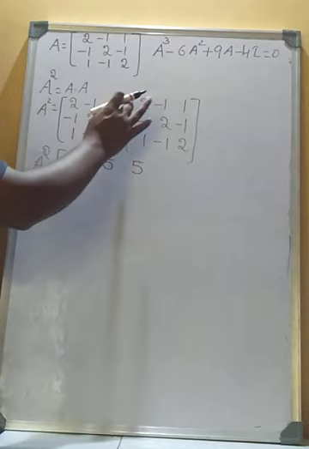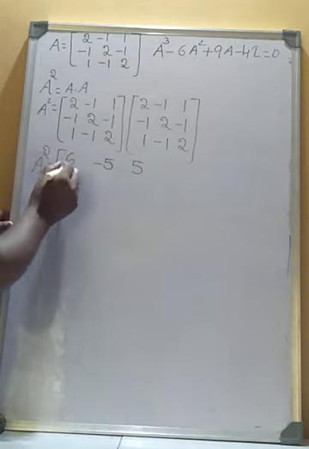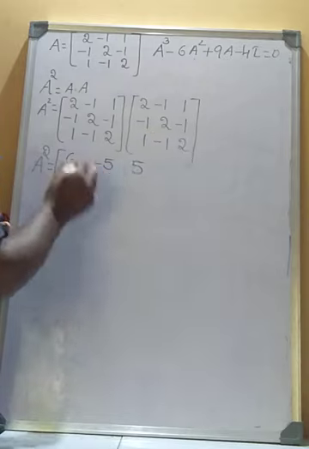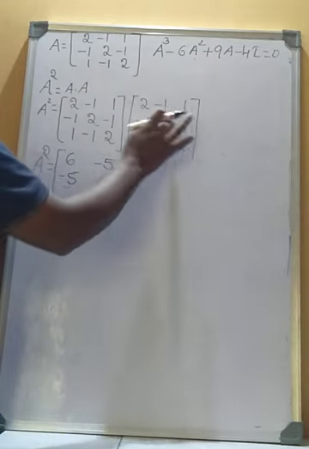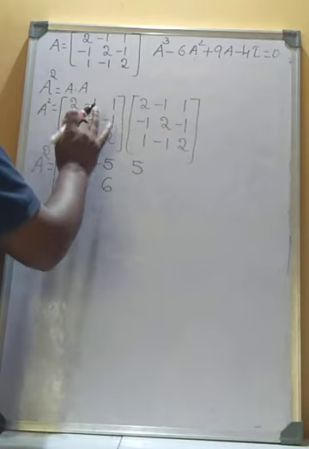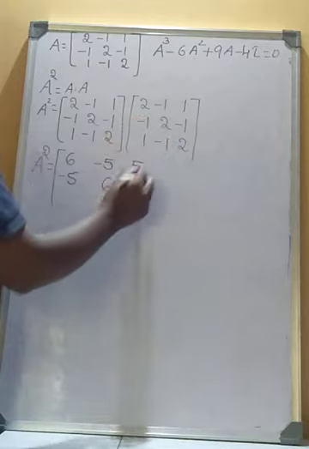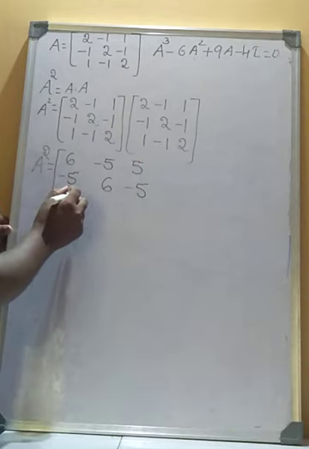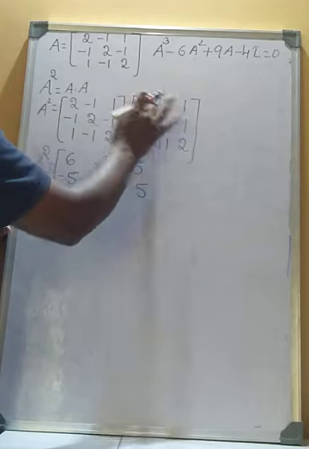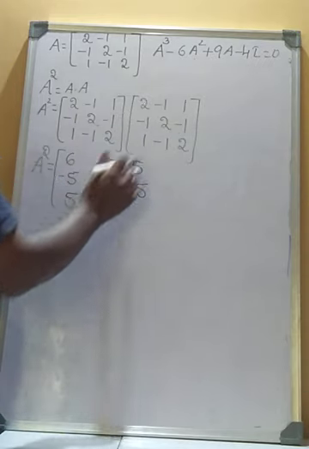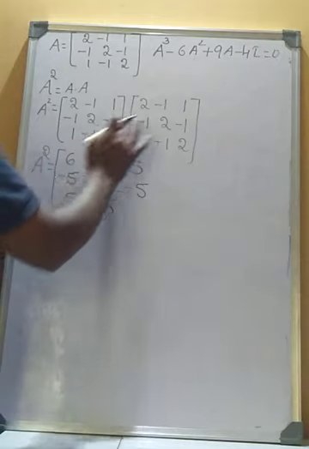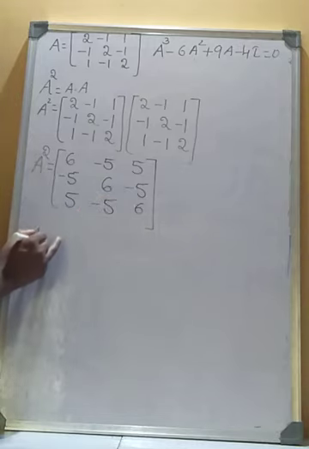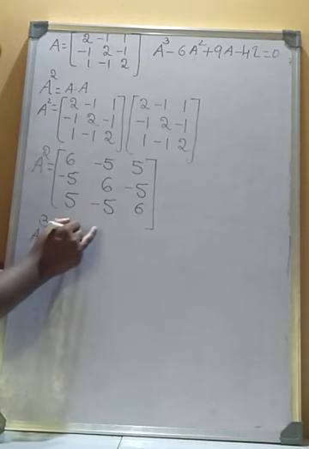The next, second row, first column: minus 2 minus 2 minus 1 is minus 5, plus 1 plus 4 plus 1 is 6, minus 1 minus 2 minus 2 is minus 5, 2 plus 1 plus 2 is 5, minus 1 minus 2 minus 2 is minus 5, 1 plus 1 plus 4 is 6. So that is A square.